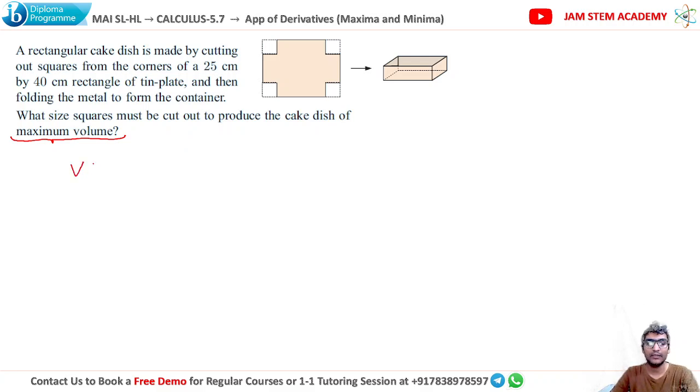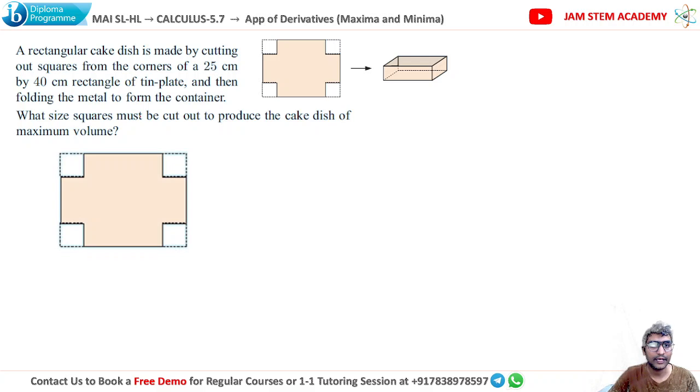But the thing is, first let's consider what size of square is cut out from each corner. So we have this rectangular sheet and squares of side length, let's say x, we cut out from all four corners.